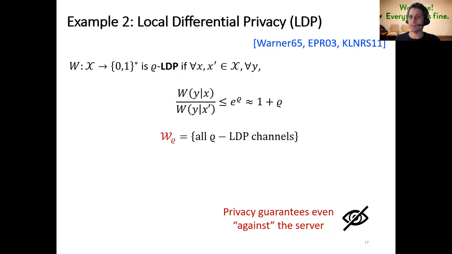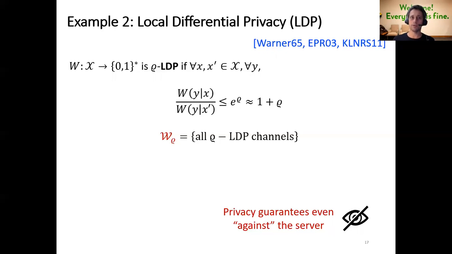Rho is a small parameter, hopefully positive, that quantifies how private you want your algorithm to be. So local privacy essentially is: I've got data, I don't trust anybody else, not even the server or algorithm I'm interacting with. So I want to divulge as little as possible about my data point as I can.